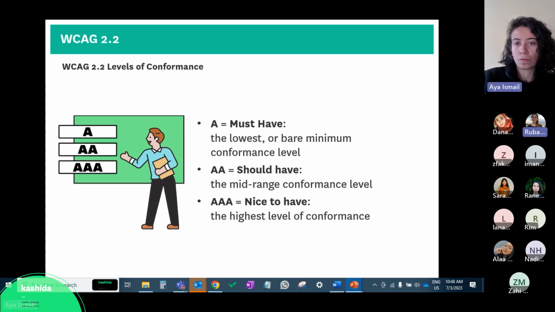We cannot have layers of like open something and then close it. So it's a very high level to achieve to ensure any of our standard interactivity aspects that we require for a learning experience.